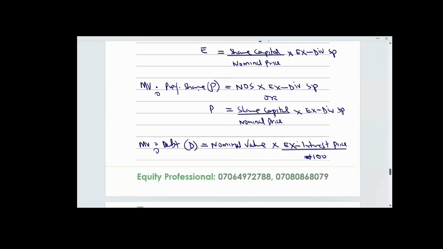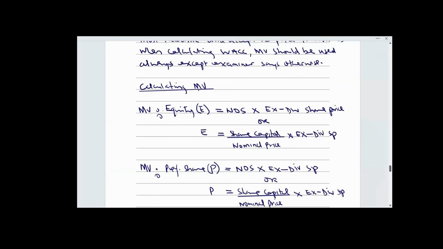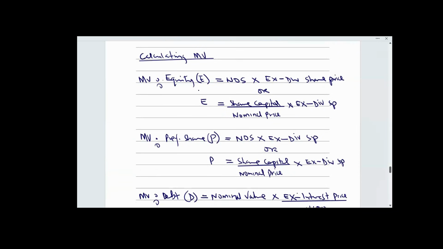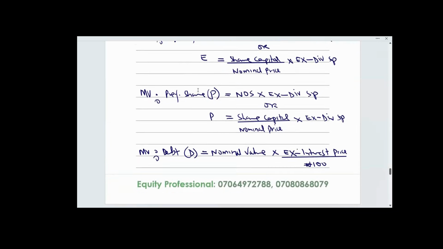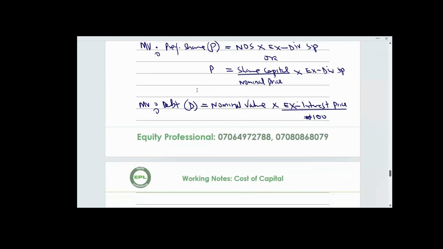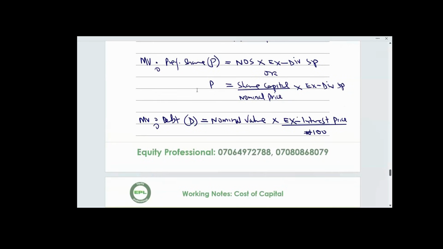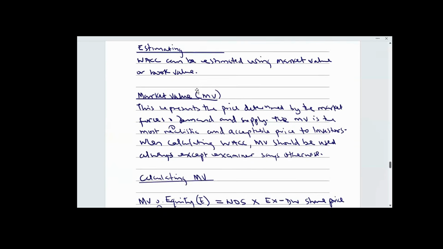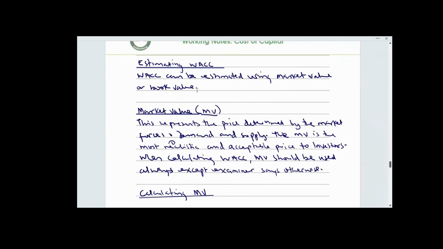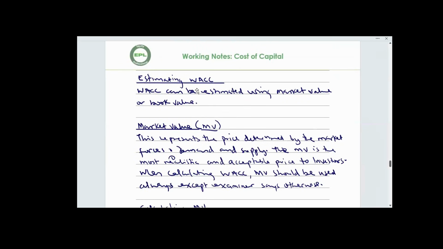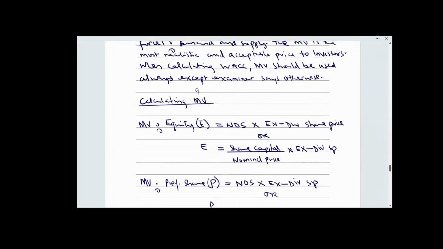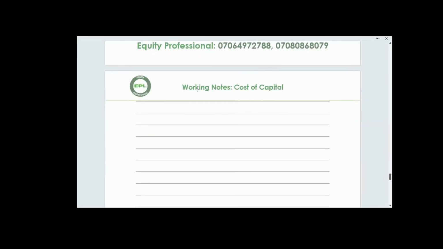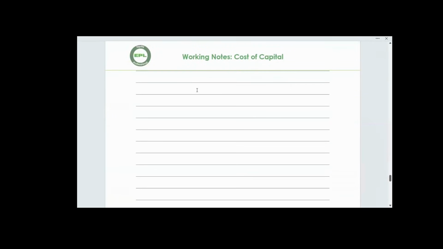So these are the ways in which you can calculate market value of equity, market value of preference share, and then market value of debt. All right. Now, I've just explained to you the market value. Remember, I told you that WACC can be estimated using market value or book value. So we just finished explaining market value. Let's talk about book value.